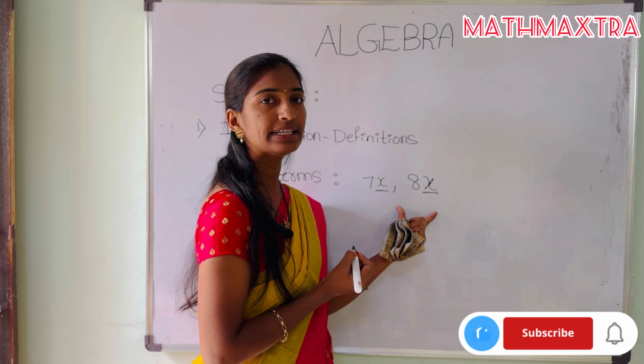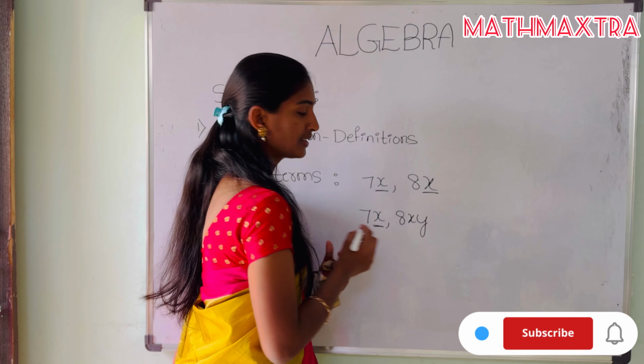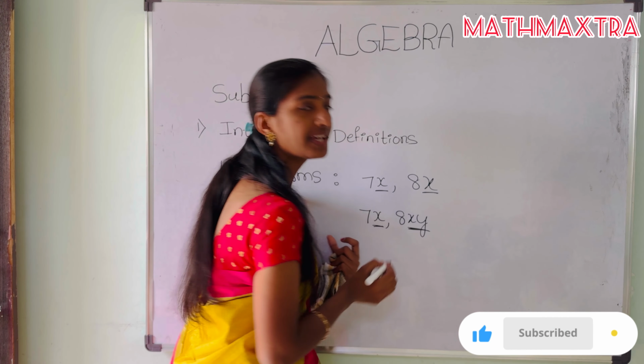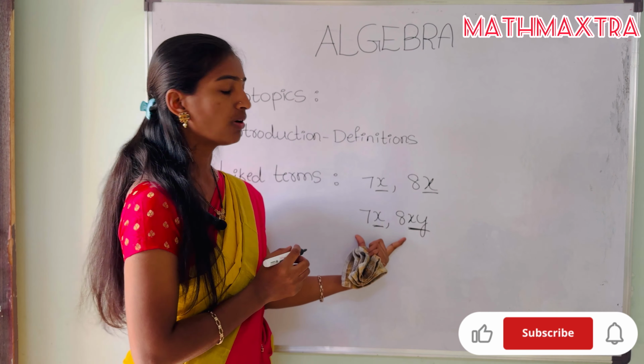Now tell me whether 7x and 8xy are like terms. No, right? Because in this the literal coefficient is x, and in this the literal coefficient is xy. So they are not like terms. They don't have the same literal coefficient, that is why we don't call them like terms.